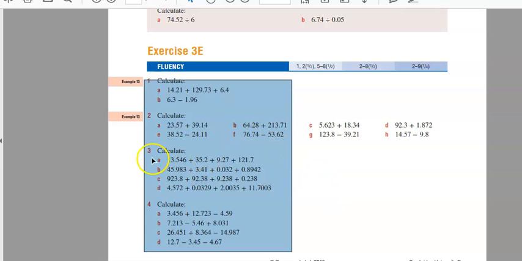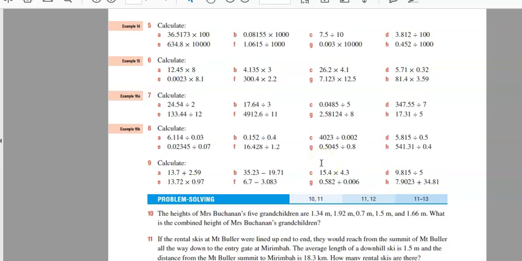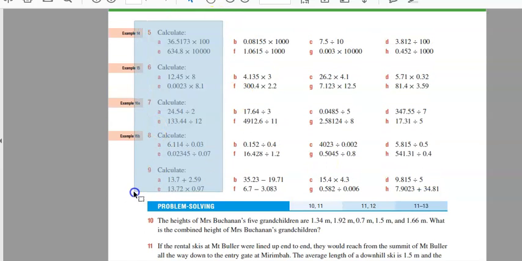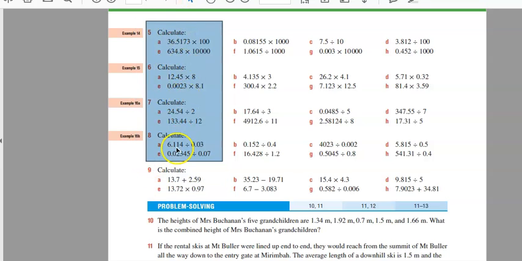And every second question for 3 and 4. So 3A and C, and 4A and 4C. Then the next page, we're just focusing on question 5, 6, 7, and 8. All down here, just the left hand column. Don't worry about the other questions here. And that will be it regarding questions.